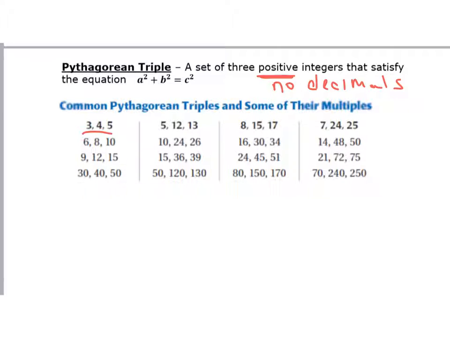Another very common one we use a lot is 5, 12, 13, then 8, 15, 17, and 7, 24, 25. If you look at those 4 sets of numbers and then you look at the ones right below them, do you notice anything? It's just multiplied by 2. What if you look at the ones below that? Multiplied by 3.